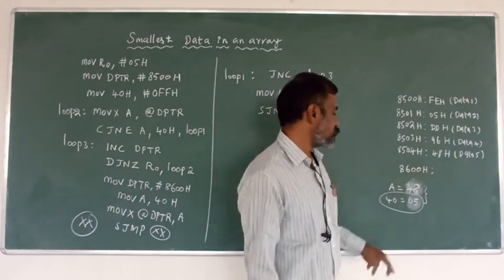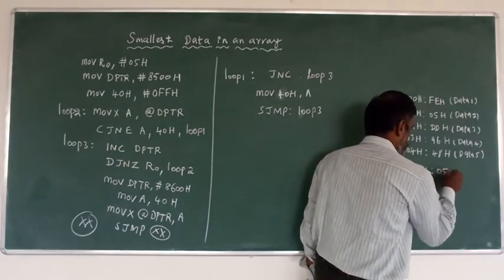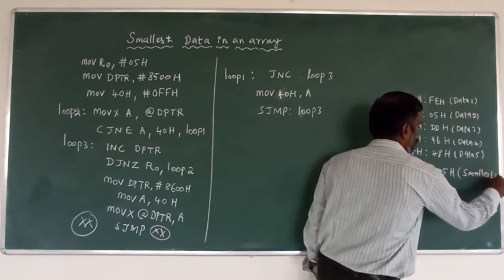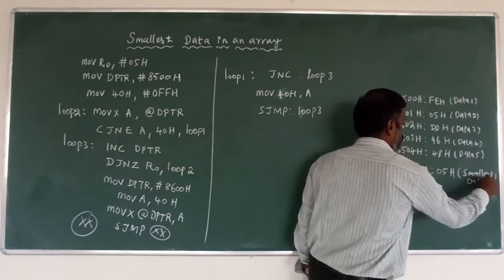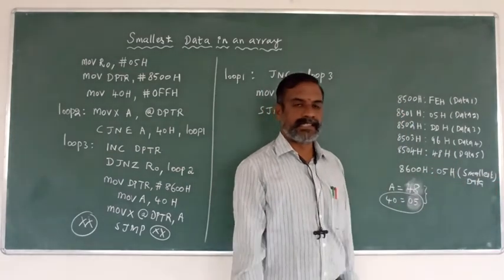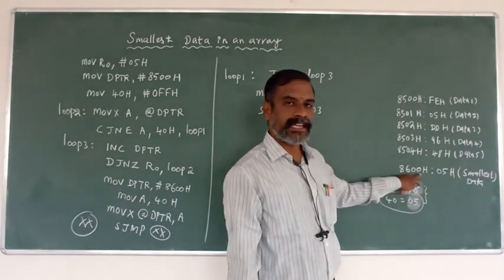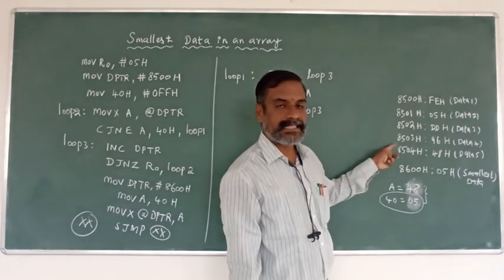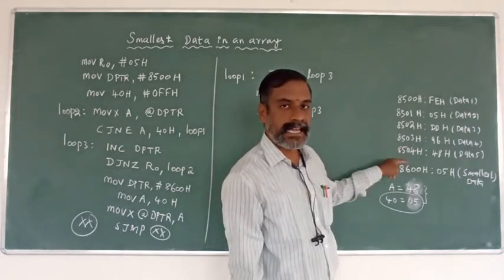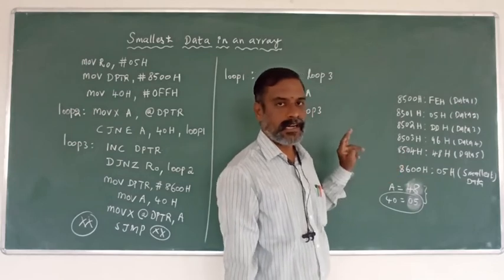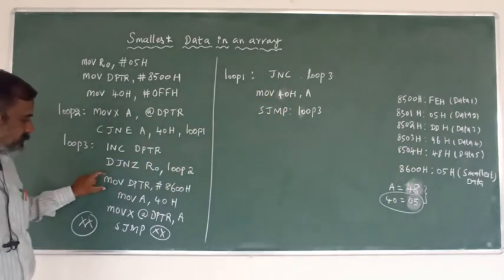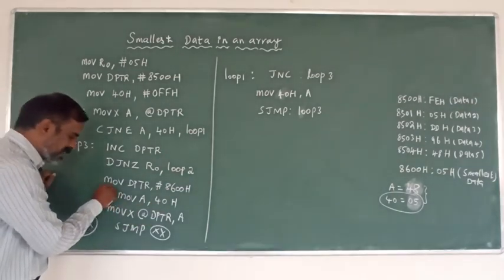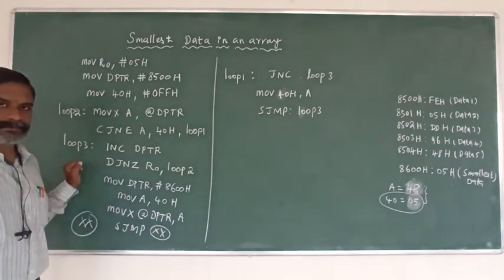At 8600 we can directly show the result. This is the smallest data stored in the 8600 address. We can store it directly at the 8600 address, or we can store the result at the next data address. Also we can store it that way. For that, instead of this one, the remaining will be the same thing.